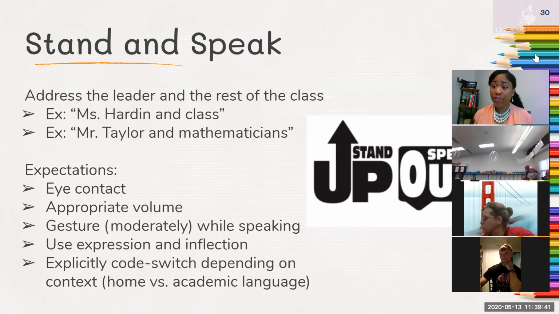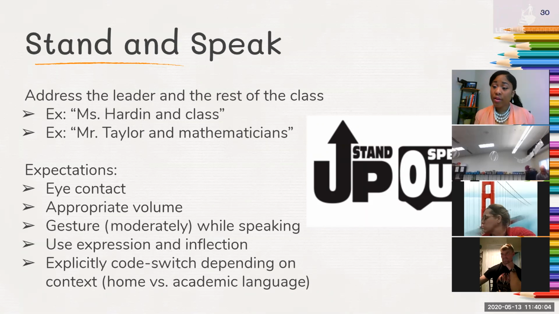Like, you are defending why you should go to middle school. We are not having home language in this space. They are more apt to hold on to that and basically do it. So I think it's important to teach code switching. And if you are not familiar with code switching, I would definitely do some research on that, because it's powerful work.